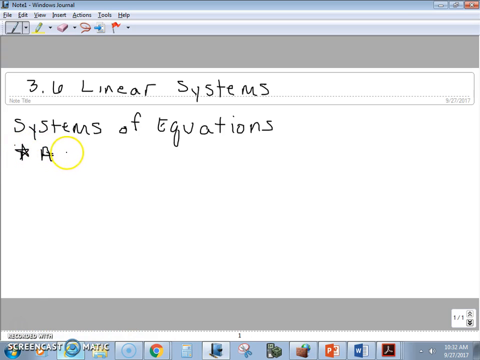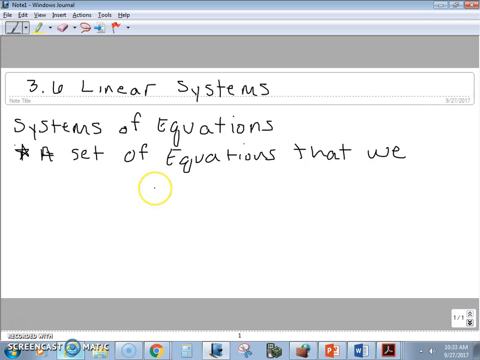A set of equations that we work on all at the same time. It's a pretty basic definition.